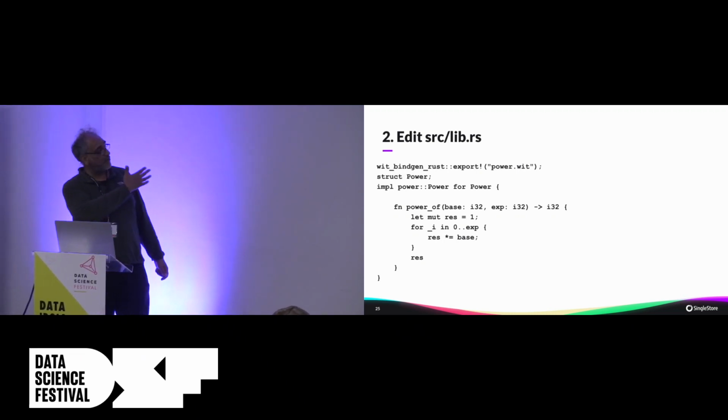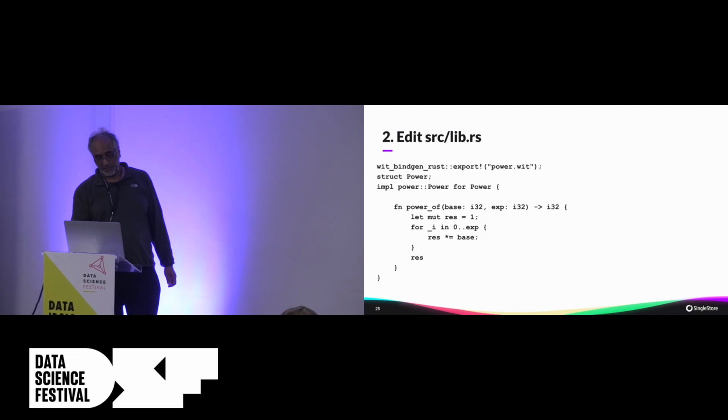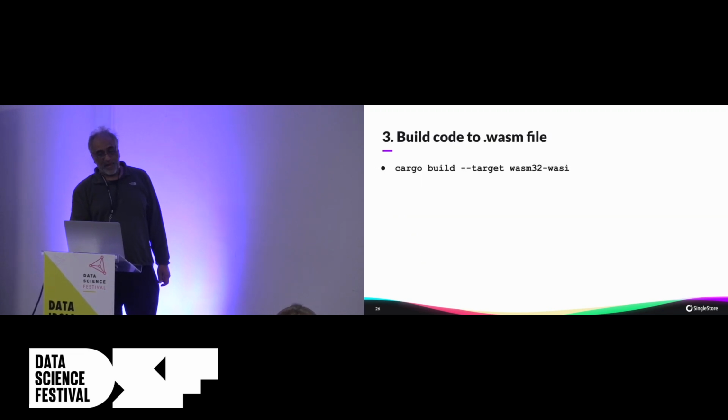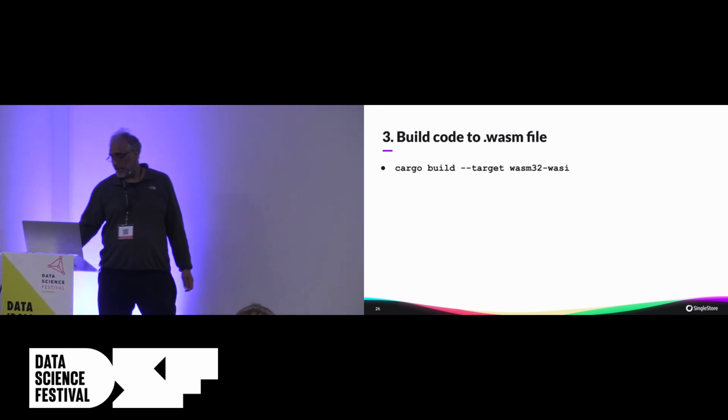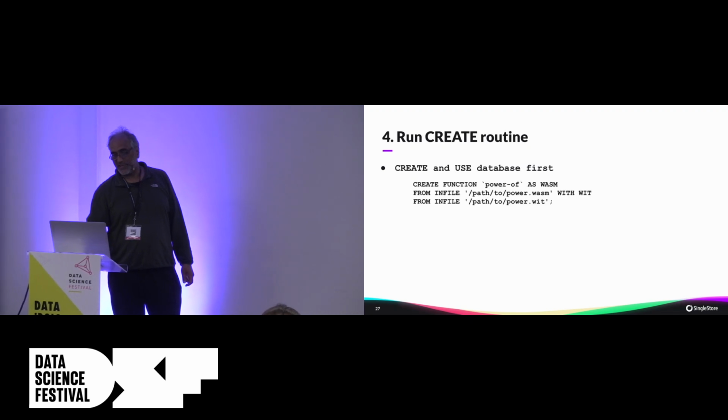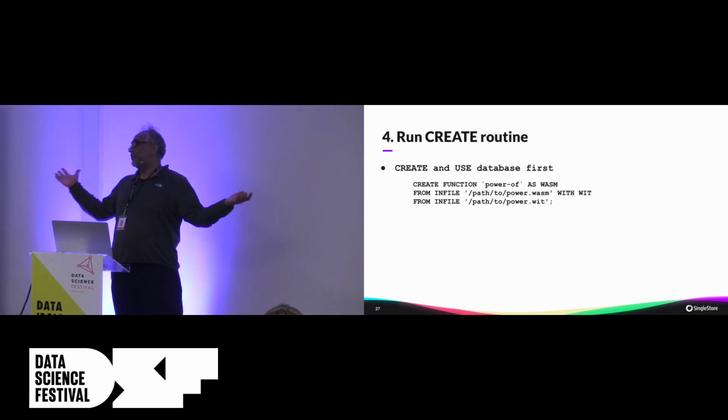So there's the Rust equivalent of the C that we were just looking at a few moments ago. And same thing, then we just do this cargo build. Again, we provide it with a target here, a slight difference in syntax, and the rest of it is identical.